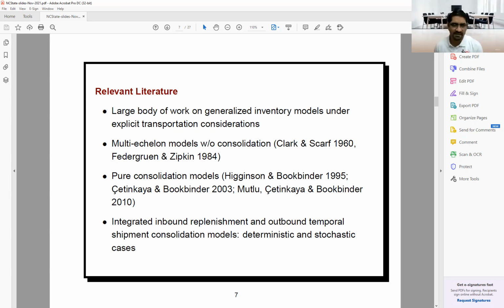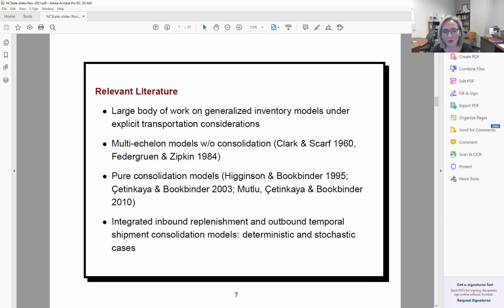So four lines of previous literature are related to the model that I'm going to present today. The first line of literature is the large body of work on generalized inventory models under explicit transportation costs and considerations.